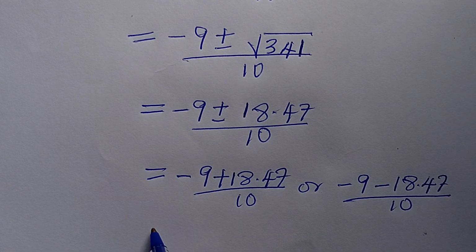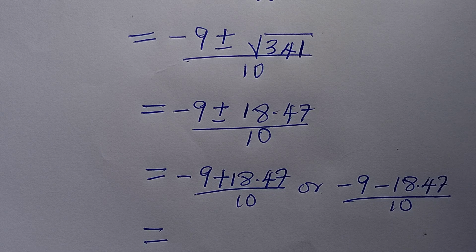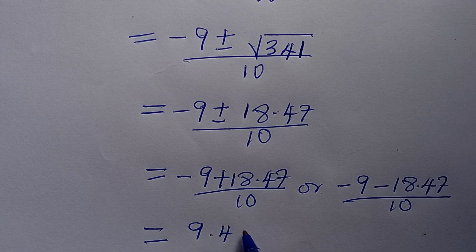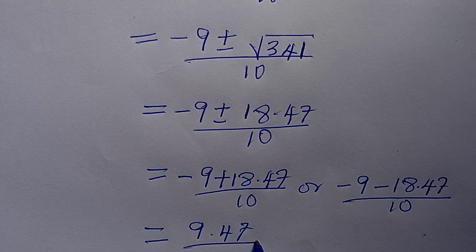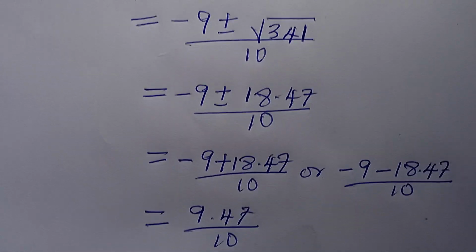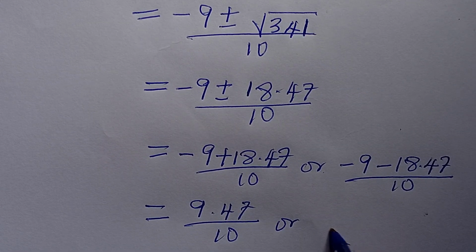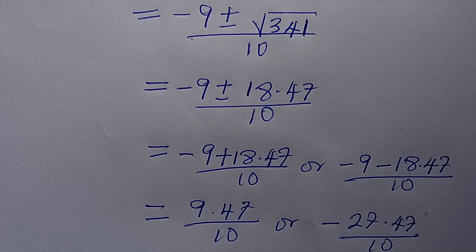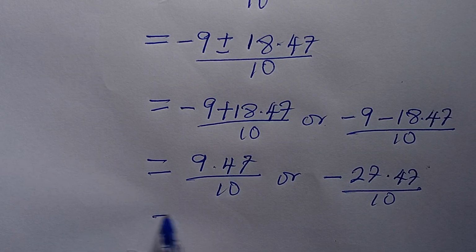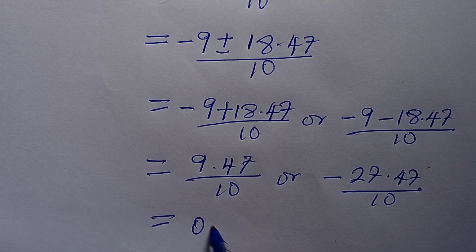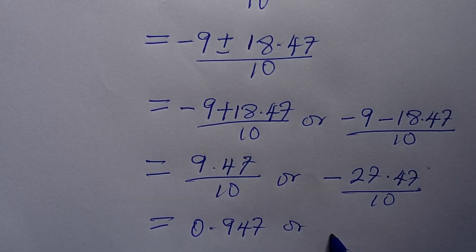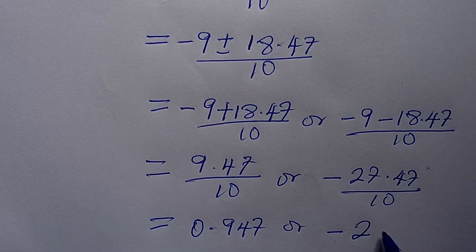So if you simplify down, we're going to end up having 9.47 all over 10 on this side, and on the other side we're going to have minus 27.47 all over 10. And if you divide down, we're going to end up having 0.947, or we're going to have minus 2.747.